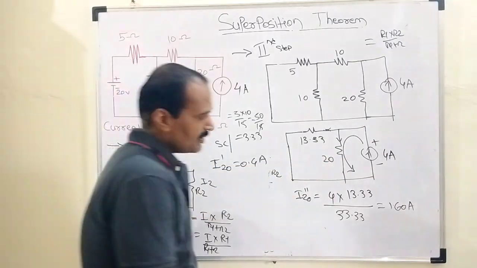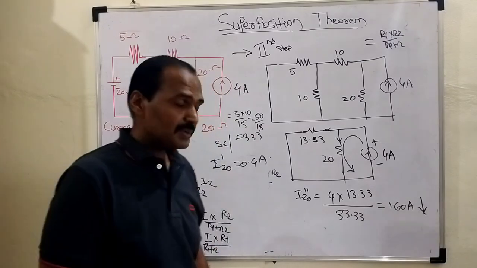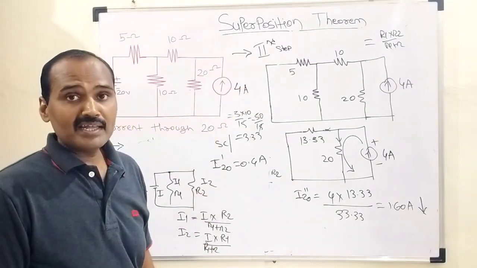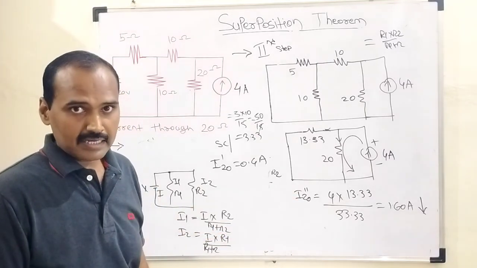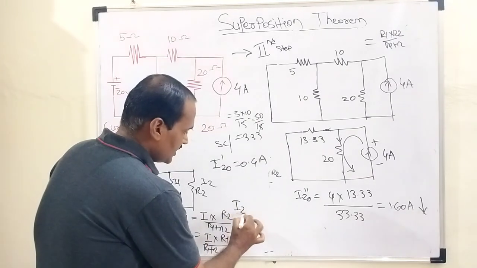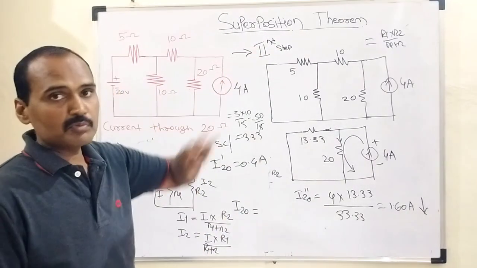So this 1.60 ampere flows through this 20 ohm resistor, and can be treated as I20 double dash due to this 4 ampere current source, equal to 1.60 ampere. Then our aim is to determine the current flowing through this 20 ohm resistor according to the superposition theorem.